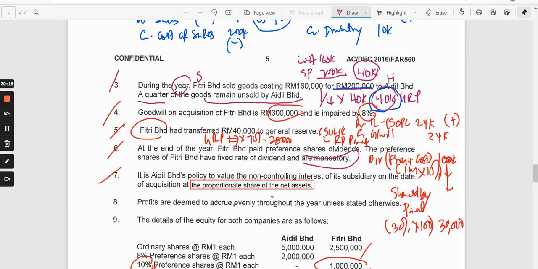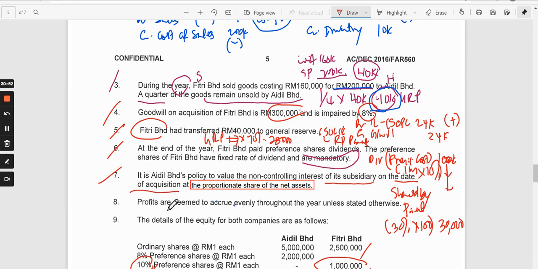This is to suit the requirement of FAR320, which only focuses on the valuation of non-controlling interest based on the proportionate share of the net asset. So that's just the information regarding the non-controlling interest that will be used when we calculate the non-controlling interest later. Bear in mind this is on the date of acquisition. This will affect the calculation of goodwill, but the goodwill has been calculated for you. In case the goodwill is not calculated, you will need to do that.